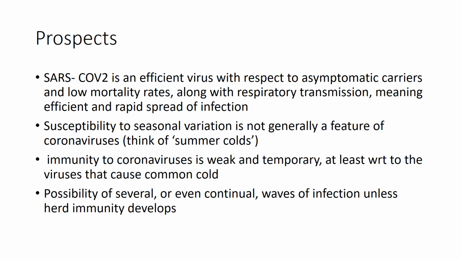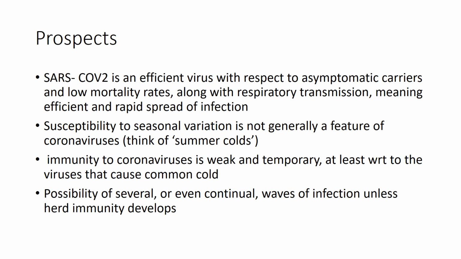And you would also expect the immunity of the population to be higher during the summer when people are outdoors more, and their defenses are stronger, generally speaking, especially in temperate climates like in Canada. Generally speaking, the immunity, as I said, is weak for coronaviruses, so that's another mitigating factor.